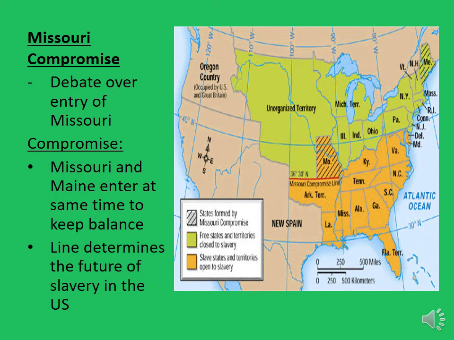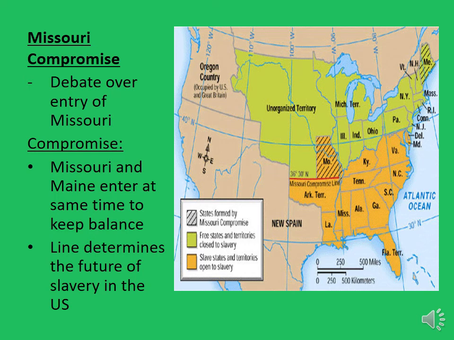So the compromise was that Missouri and Maine would enter at the same time to keep the balance in Congress and to keep the balance in the country. And then they said, all right, let's draw an imaginary line at this 36°30' parallel, and that will determine the future of slavery in the United States.